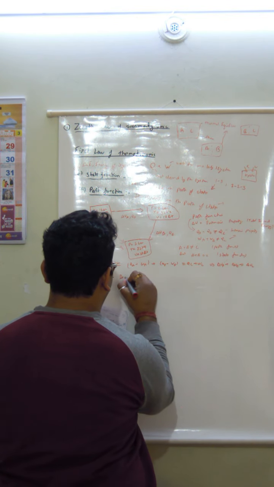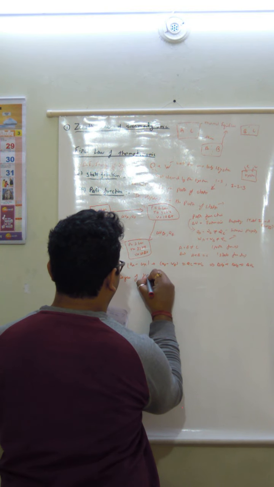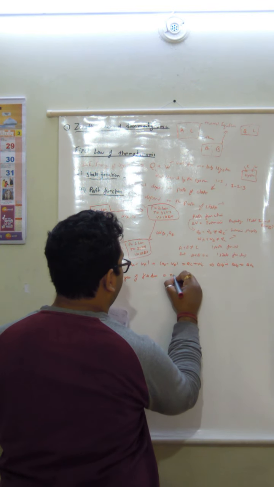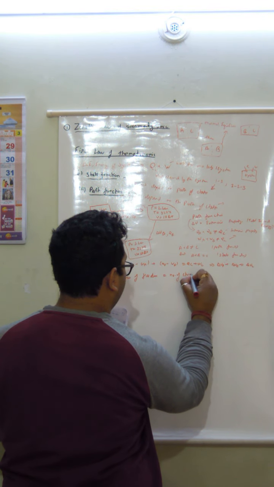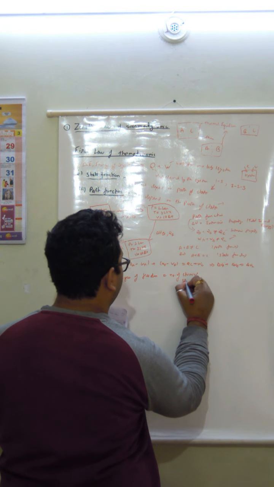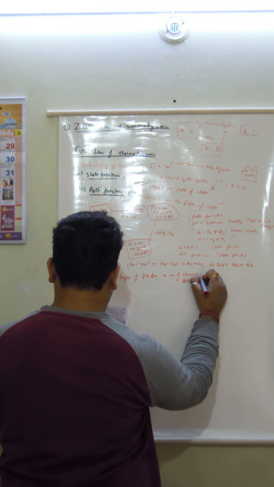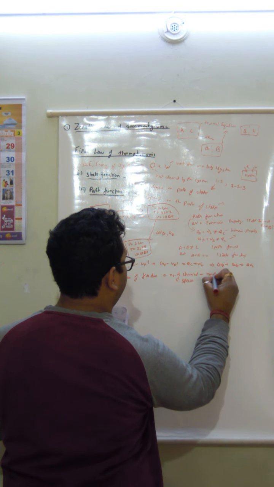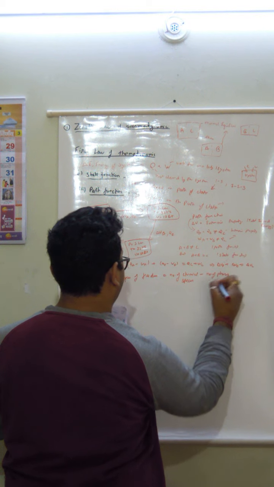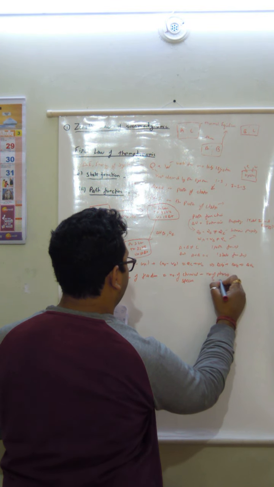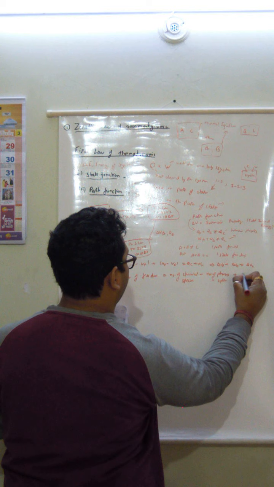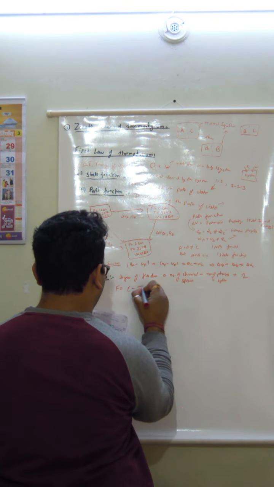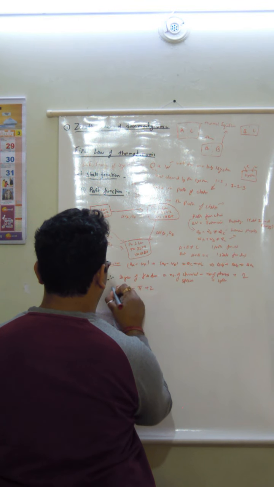The degree of freedom is equal to the number of chemical species minus the number of phases in a system plus 2. F is equal to C minus pi plus 2. This is the phase rule.